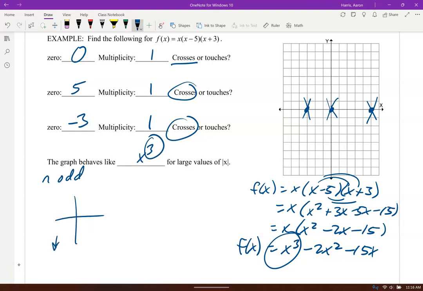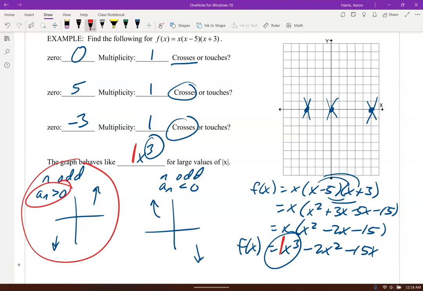So then we say, well, does it behave like x cubed with a sub n being positive? Or when n is odd, is the leading coefficient negative, which would mean it would go up to the left and down to the right? Well, the leading coefficient, the number in front of the x cubed, is 1. It's positive. So we're in this scenario. So I know this eventually goes down to the left and up to the right.